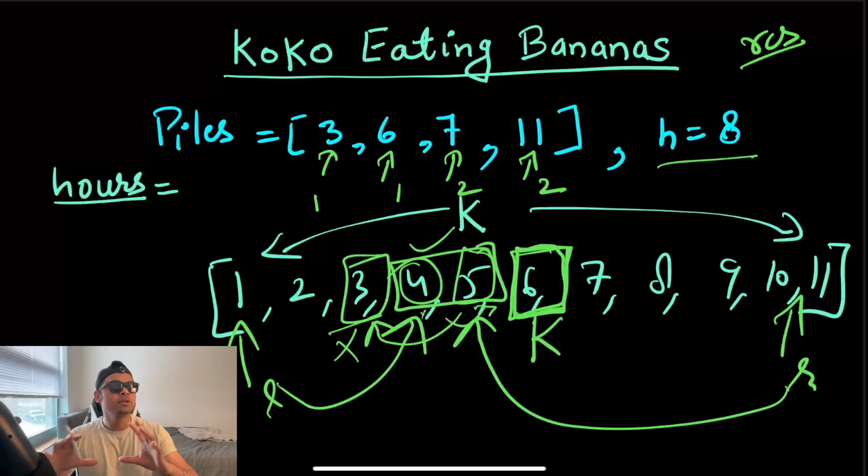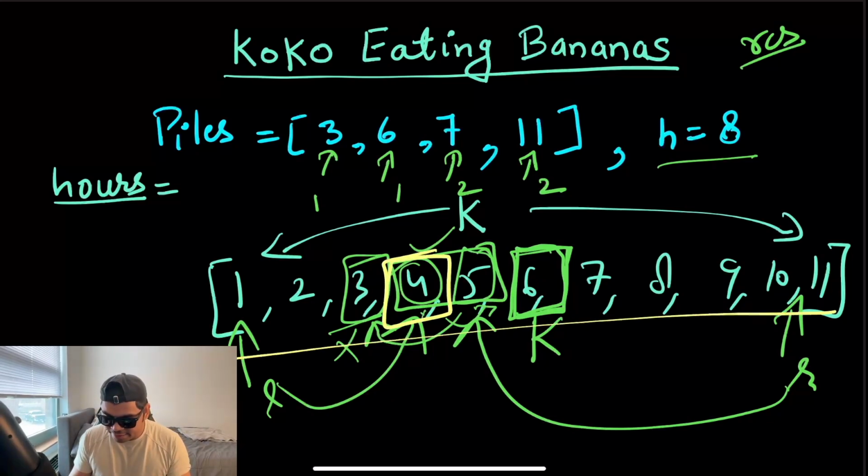That's when the binary search while loop condition becomes false, we come out of the loop, and we return 4 as our answer. Okay, so we're going to do binary search on these k values, and for each value we choose as mid, we calculate how many hours it takes.